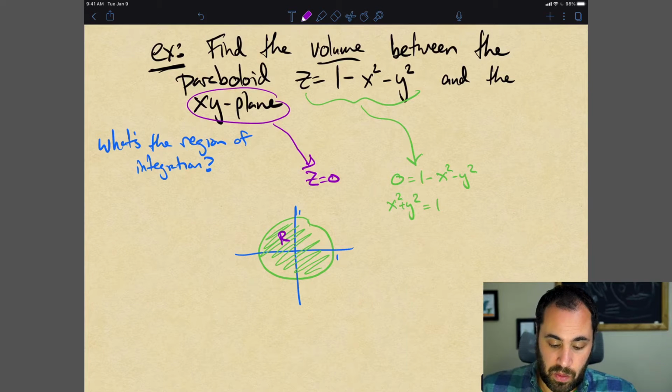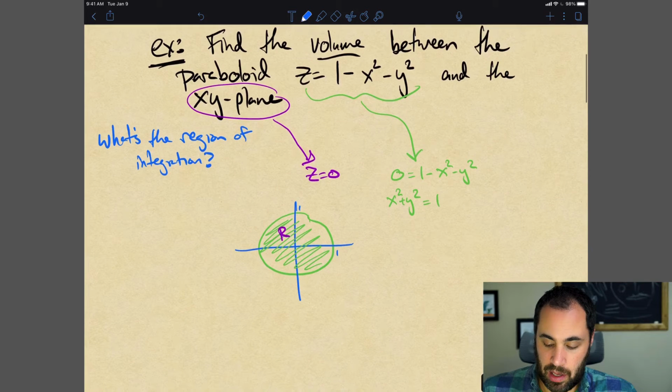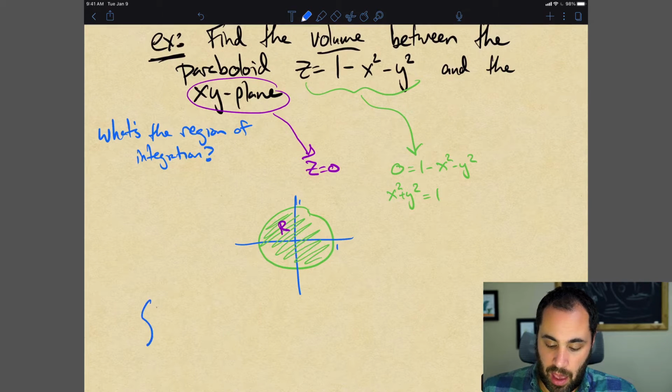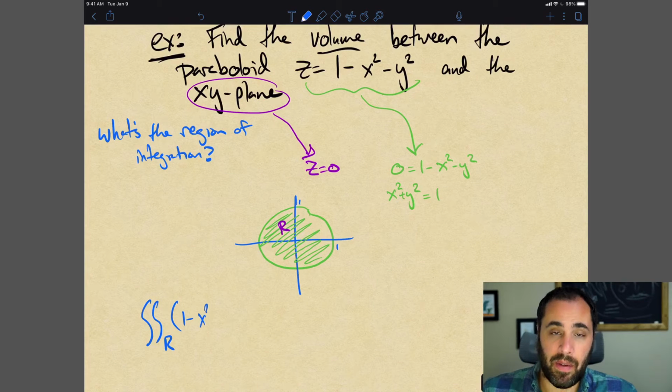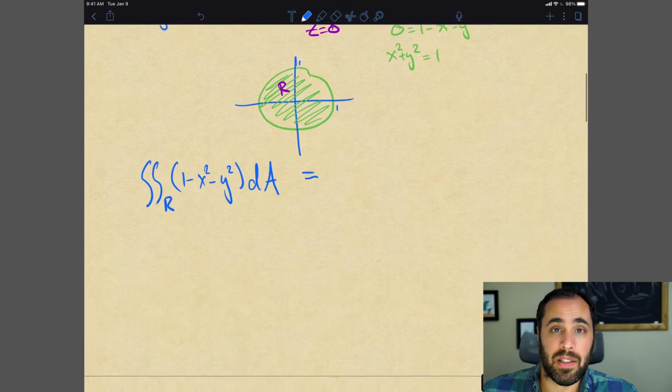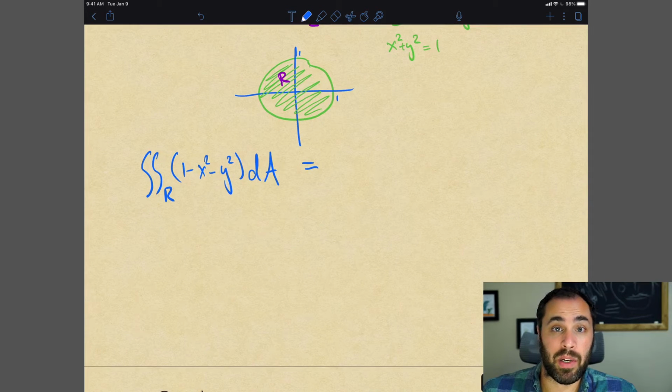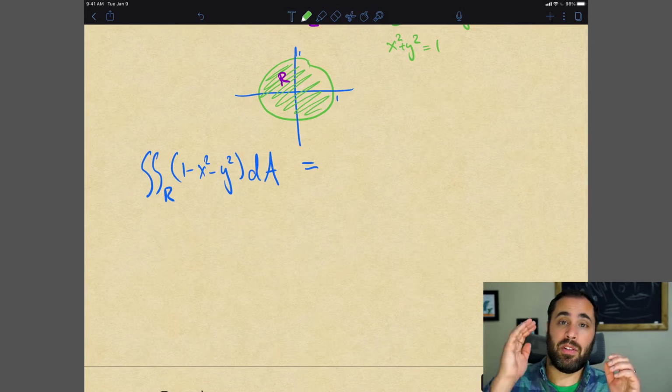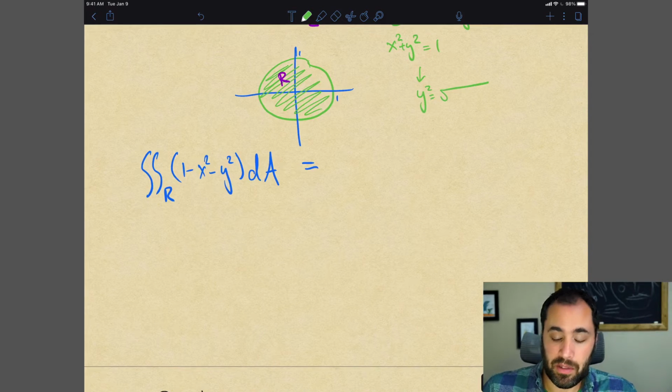So we can write down our double integral. And well, I think you'll agree that the x coordinates, these take place between x equals -1 and x equals 1. These are the sort of left and right bounds of that circle.